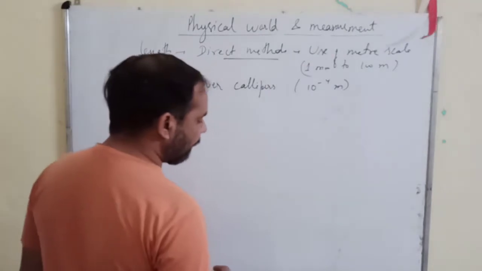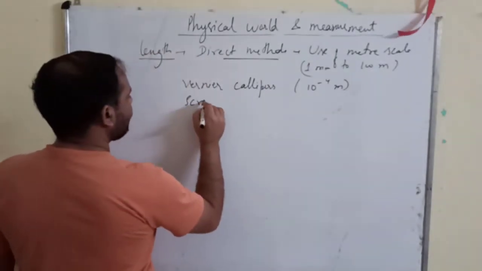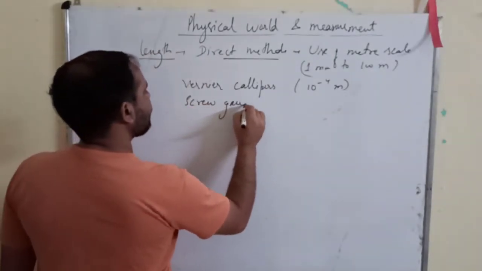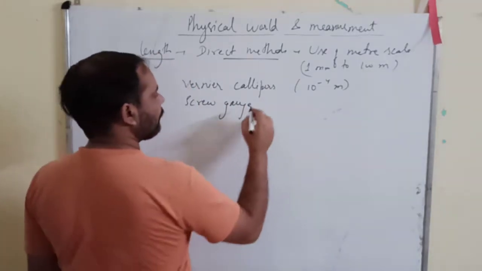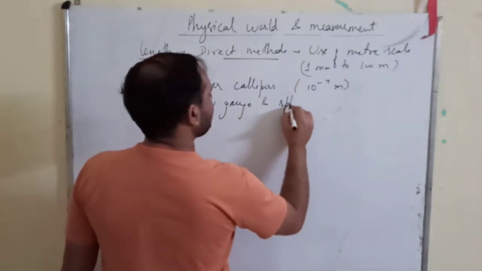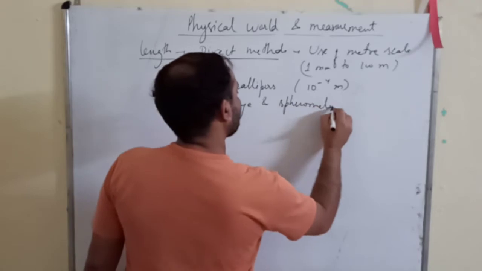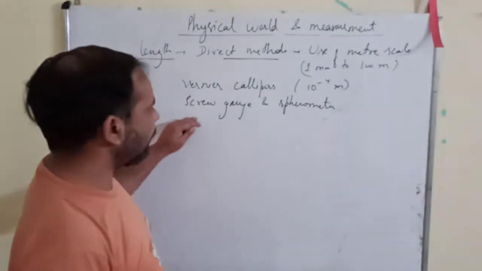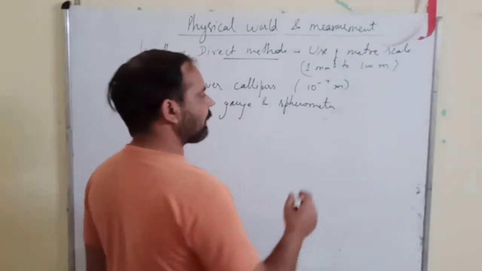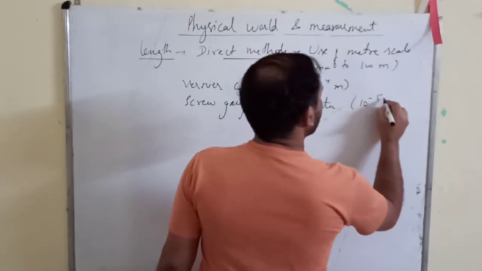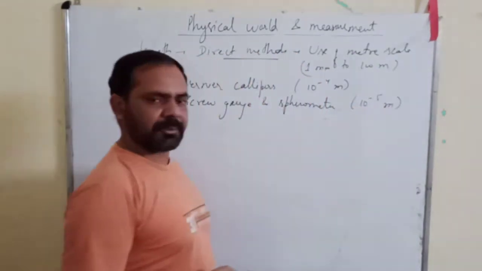Then we have a screw gauge or spherometer. We have two more instruments, one is a screw gauge, one is a spherometer, and they can measure up to 10 raised power -5 meters.